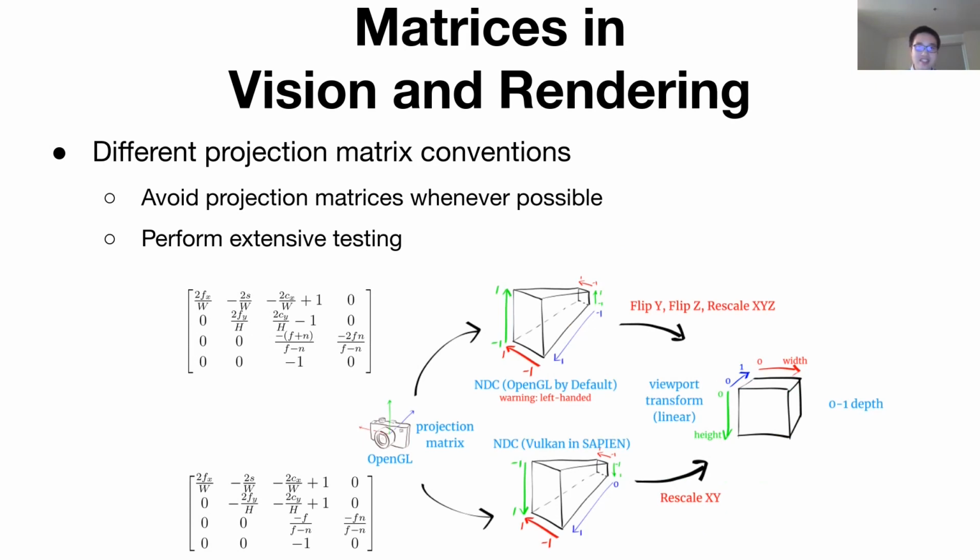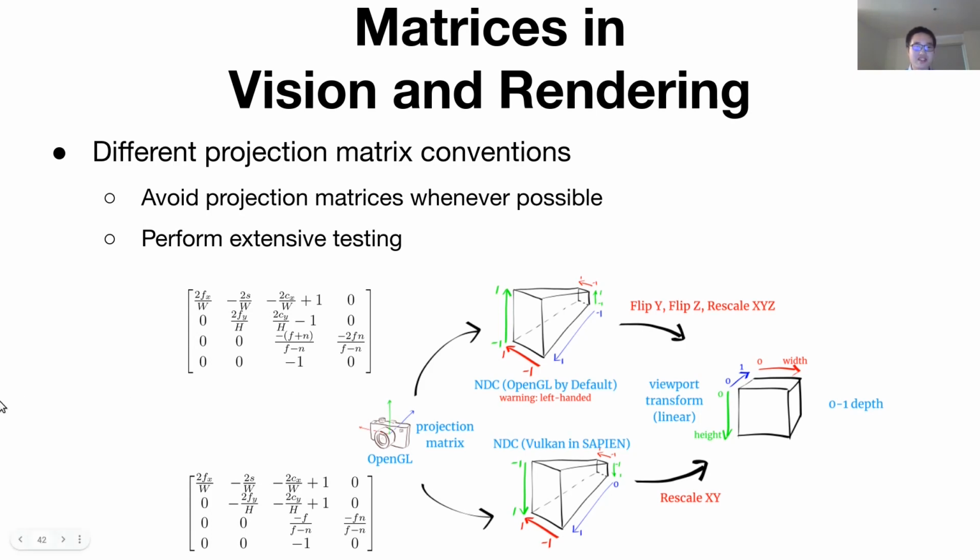Another thing that makes the conversion of depth maps to point clouds so hard is that different rendering software would not agree on which projection matrix to use. Here, I listed two different projection matrices used in different rendering software. For example, most OpenGL people would use the matrix on the upside, but in Sapien, we would use a Vulkan renderer, and people typically prefer a different projection matrix in this case.